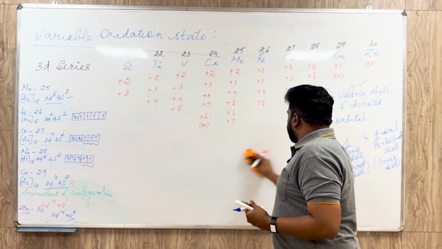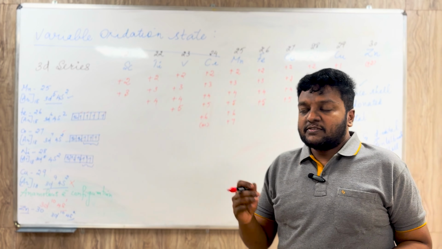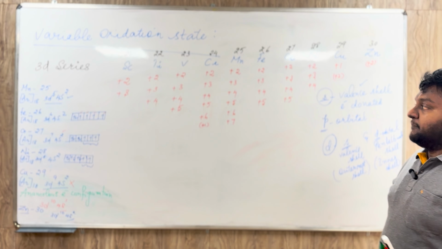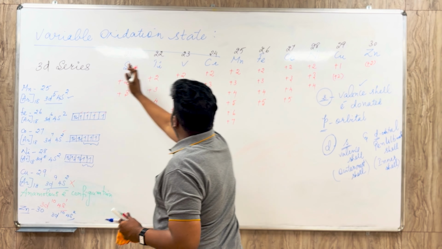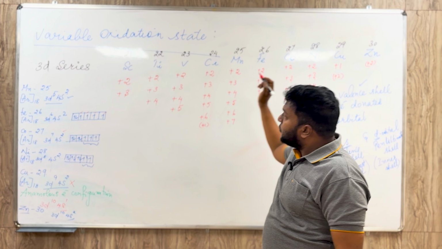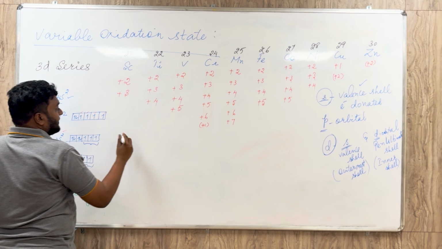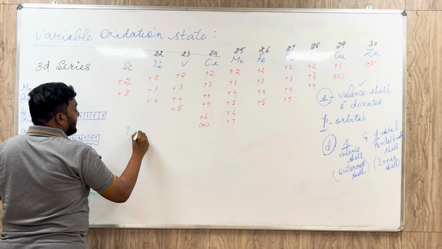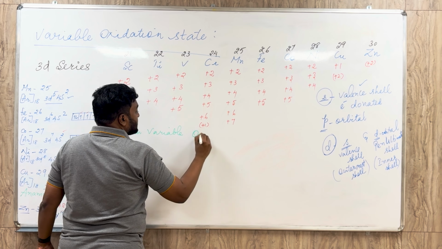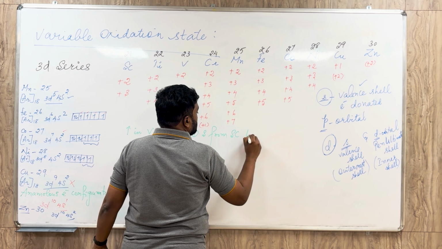Now you have to understand one thing before I'm getting into the reason why the D block elements exhibit variable oxidation state. Before we are getting into the reason, you have to understand one more thing. So when you go along the series from left to right of the periodic table, 3D series, you can see there is a gradual increase in variable oxidation state from scandium to manganese.